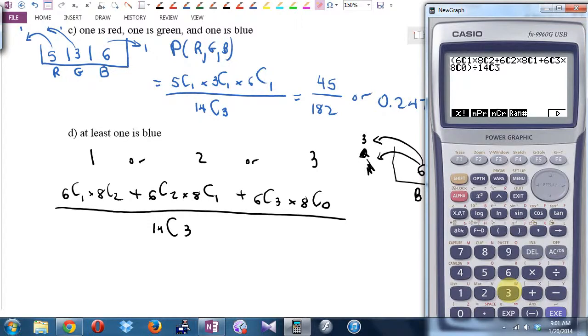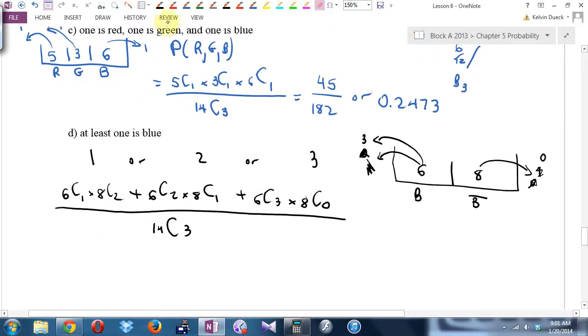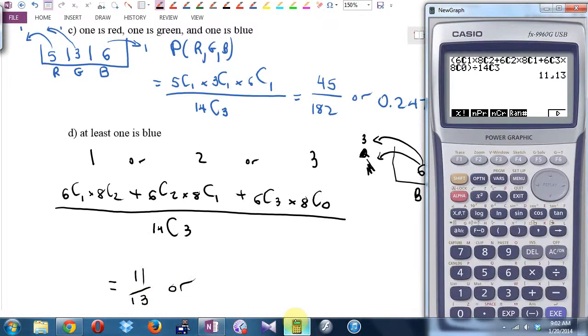What do you get? Double check your brackets. Is that right? Or as a fraction, 11 out of 13. Oh, those are good. That's a good probability. 11 out of 13, or 0.8462.